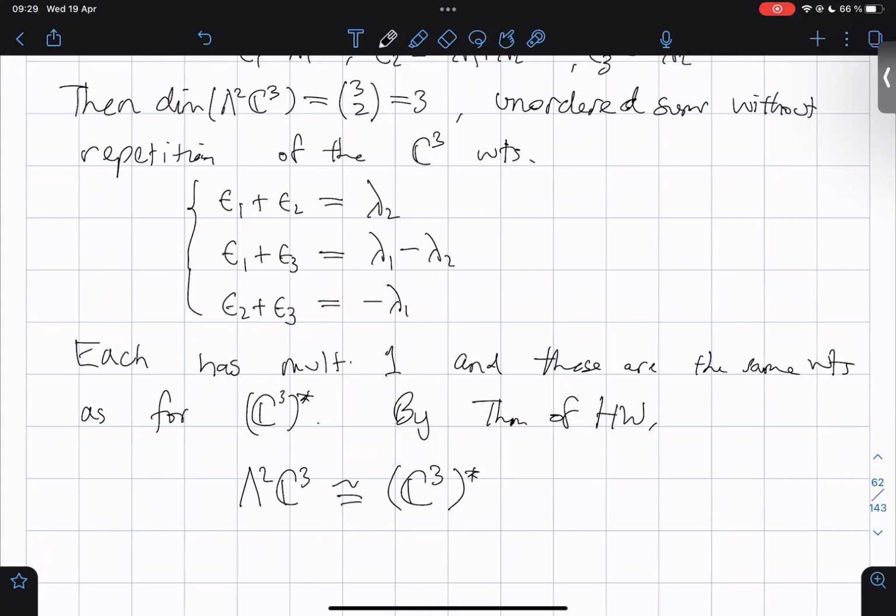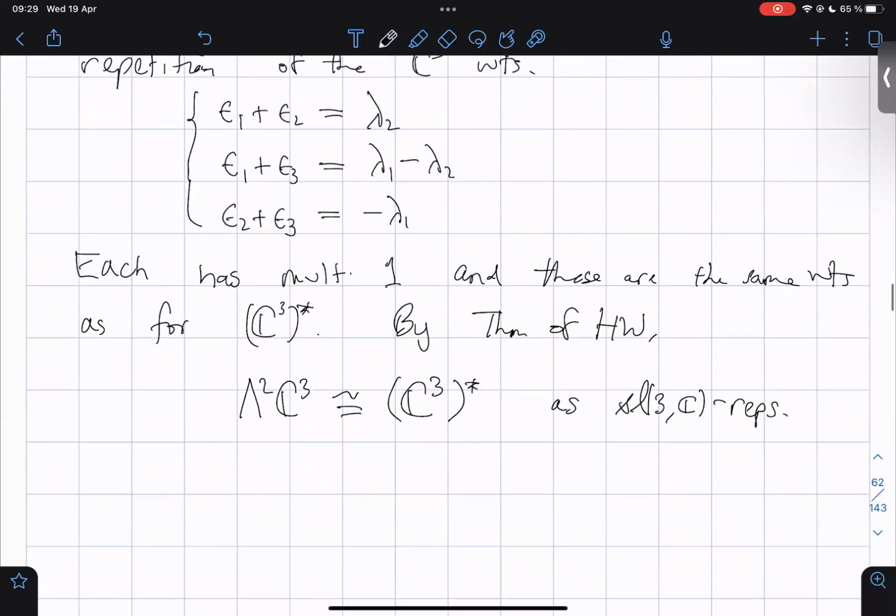Of course, not just as vector spaces, but as representations. Okay. So that's of course using this big canon, the theorem of highest weight. But just looking at this discrete data behind it, you're getting this isomorphism. Okay, we can exhibit this isomorphism more concretely here.